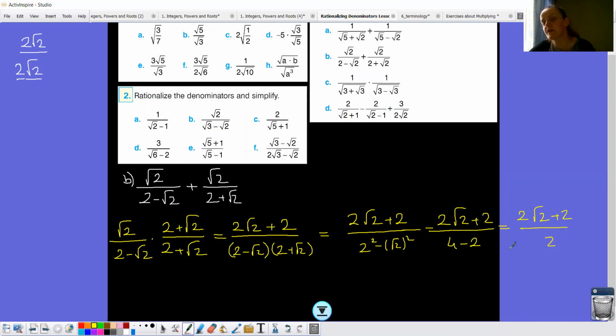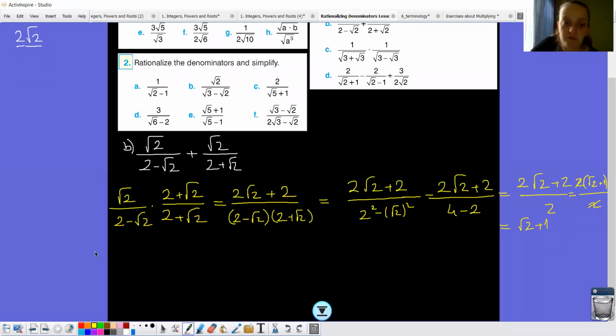Can I do a simplification here? Yes. Look, I have 2 in the numerator. If I take it in front of the parentheses, I will have root 2 plus 1 over 2, this 2, yes, and we'll have only root 2 plus 1 as a result of this first fraction.